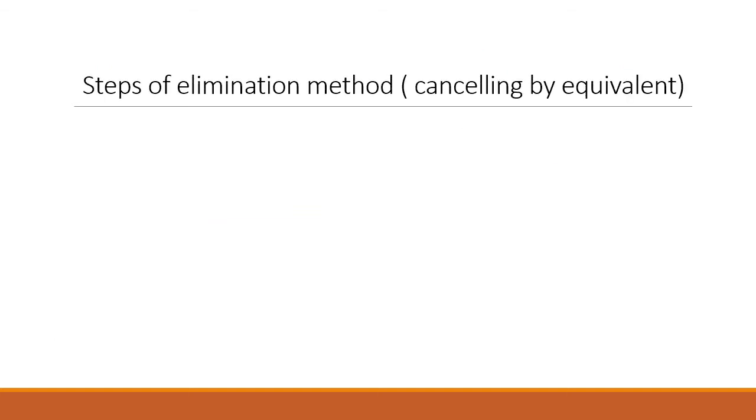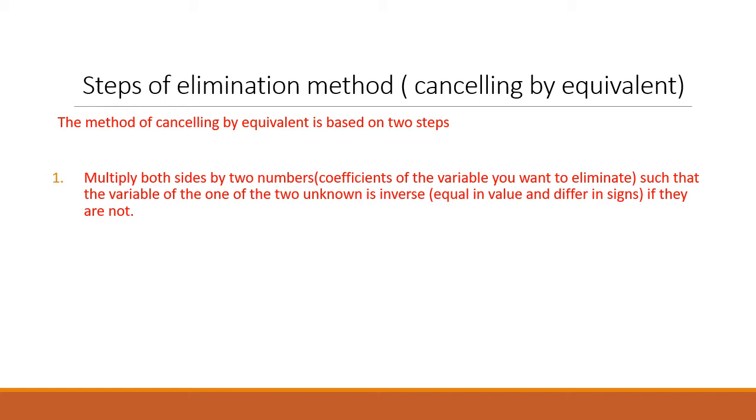So what are the steps of the elimination method, or cancelling? It is based on two steps. One is to multiply both sides by two numbers, and these two numbers are the coefficients of the variable that you want to eliminate.